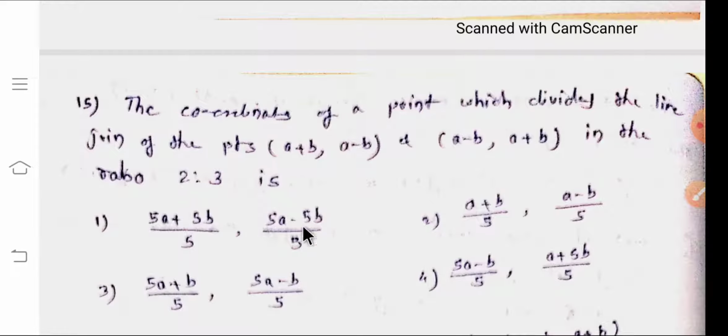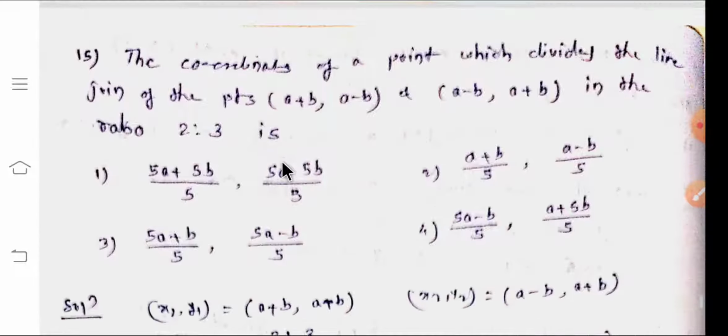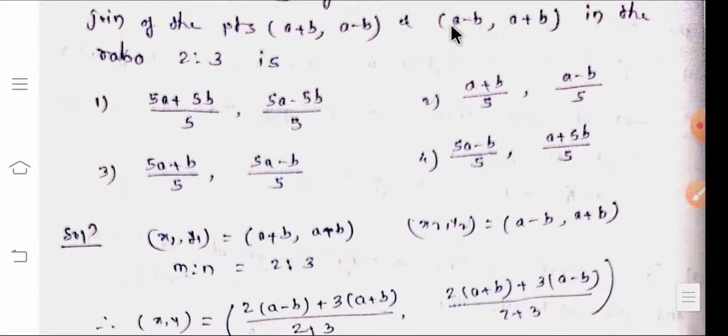So here the denominator is 5 in all the terms. So the point divides internally. The point divides the given two points internally.